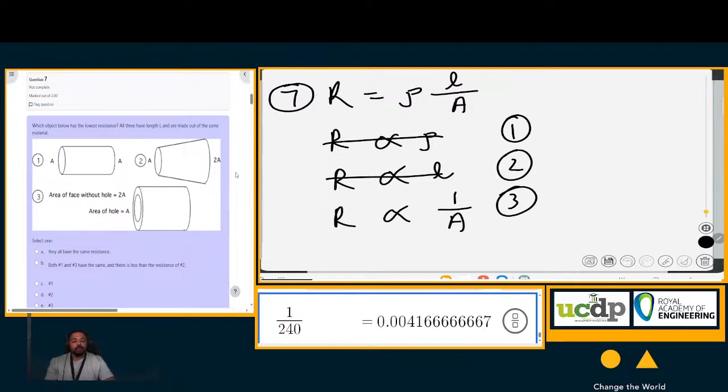First of all, let's determine what all of their areas are. Number one's area is A. Number two's area is 2A. Number three: the area of the face without a hole is 2A. Area of the hole is A.